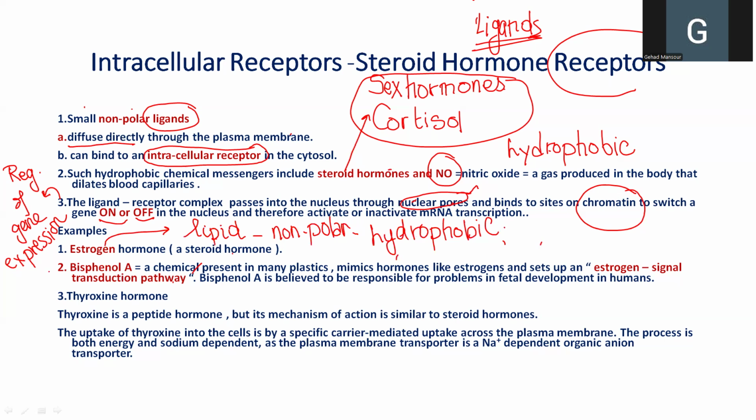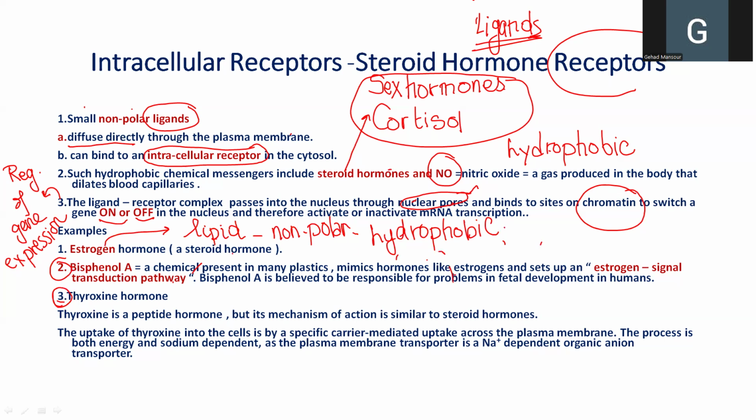But there are two other substances that act the same way as the steroid hormones, although they are not steroid hormones. The first one is very important and is very dangerous, which is bisphenol A. Bisphenol A is a substance that is present in many, many plastic substances, like plastic bottles and plastic boxes, for example. And it mimics estrogen hormone.